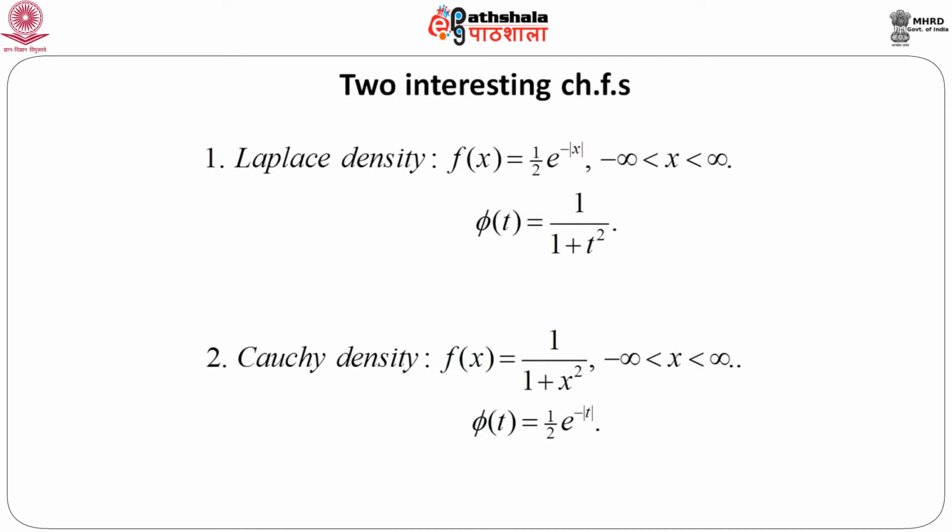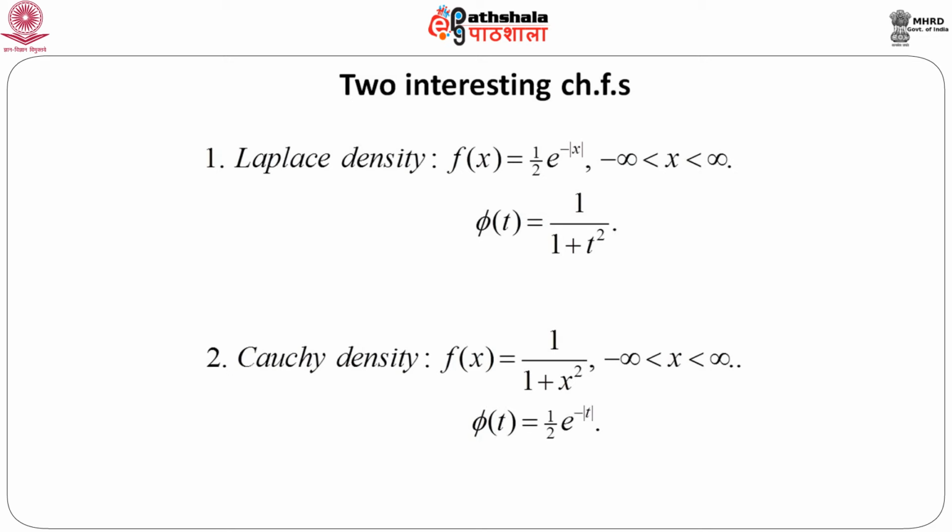If we write the density function of the Cauchy random variable, then f(x) equals 1 by 1 plus x squared. And if we derive the characteristic function of this Cauchy random variable, we will see phi(t) equals e to the power minus mod t. So, you see the density function of Cauchy is exactly in the form of the characteristic function of the Laplace density.